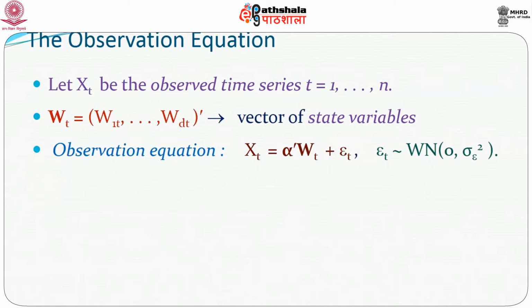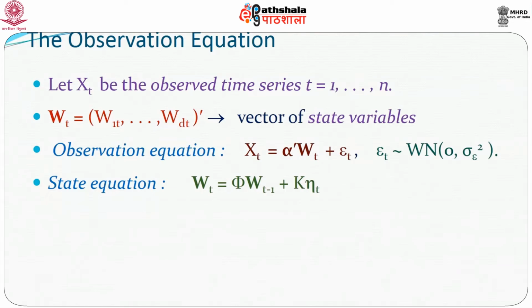Alpha, remember, is a vector of constants, that is x_t = summation over j of alpha_j w_jt + epsilon_t. We then have the state equation, where w_t = Phi w_{t-1} + K eta_t. Remember that these w's are unobservable. So, the state equation as such is unobservable.